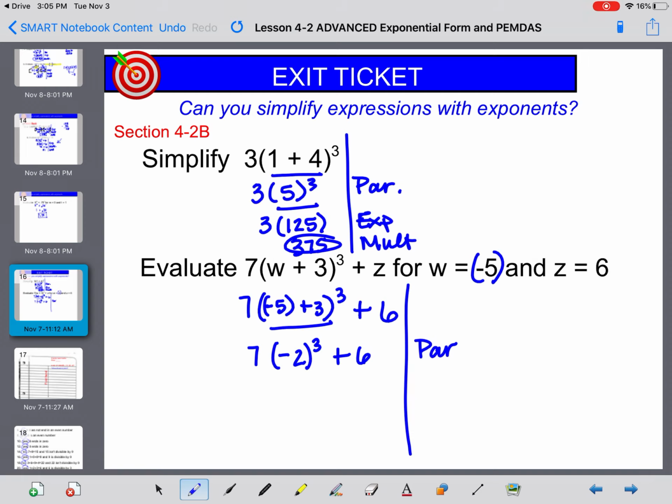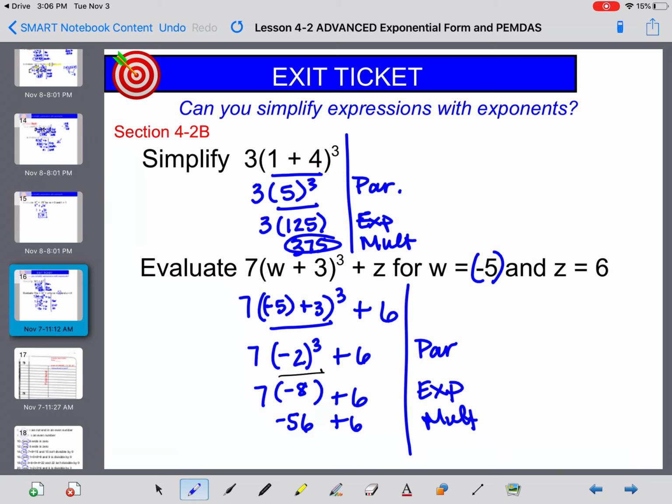Then do not take 7 times -2. I must simplify the exponent first. -2 to the third power is -8.